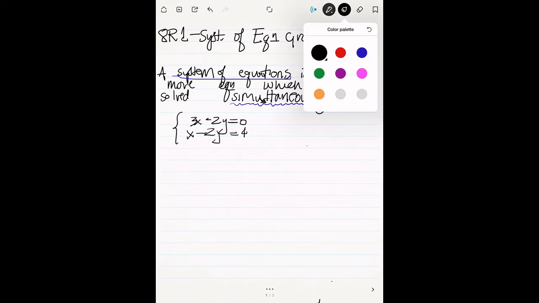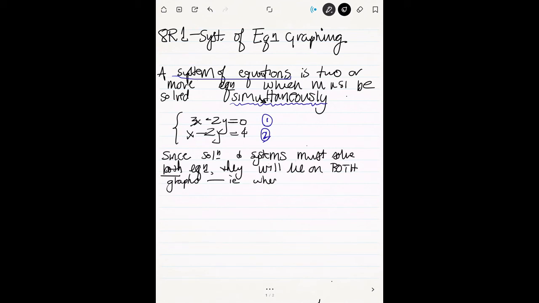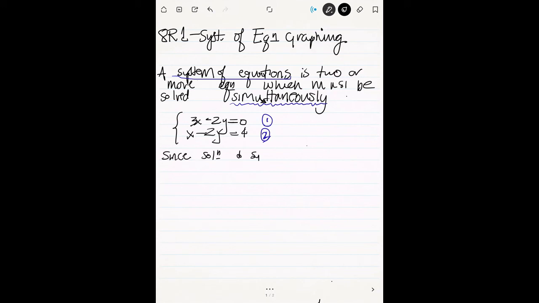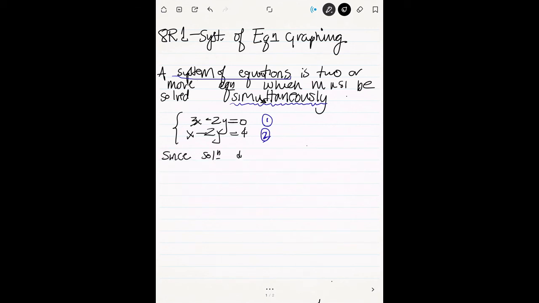So this is a system, and usually I find that it's useful to number them. I would number them as equation 1 and equation 2, because later I'm going to want to talk about them. Okay, so like I said, if you are a solution to an equation, then you make the equation true and you lie on the graph. So since a solution to a system has to lie on the graph of both of the equations, that means it's going to be where the lines intersect.